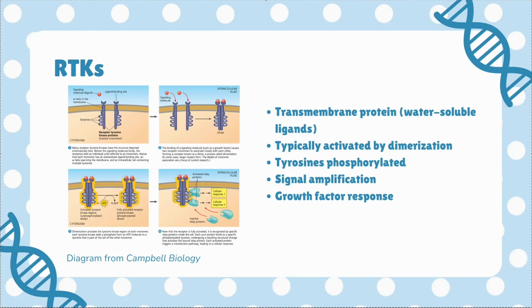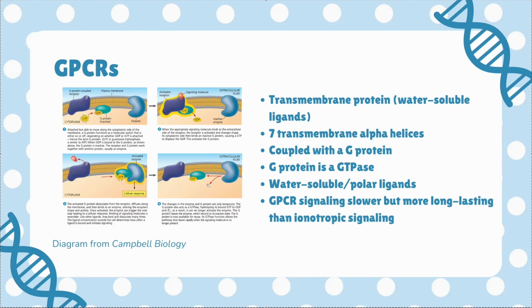So RTKs allow for great signal amplification because there are so many tyrosine residues, and as opposed to GPCRs, receptor tyrosine kinases can activate many pathways using the various tyrosine residues because they can phosphorylate various relay proteins.